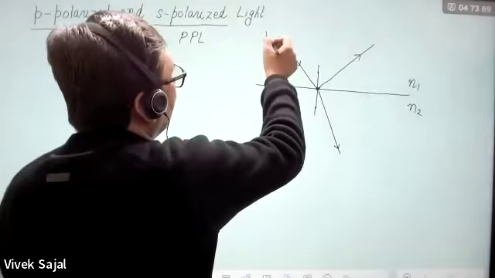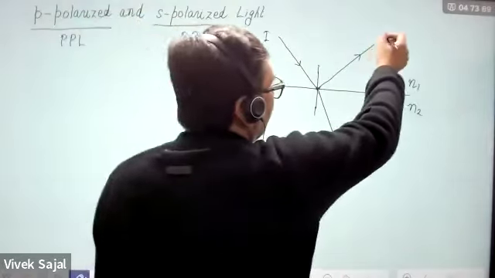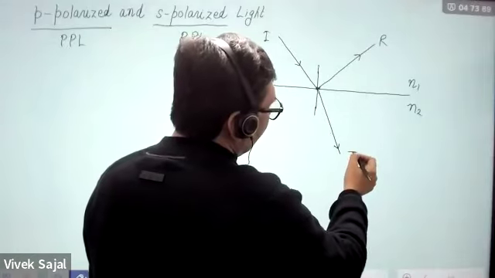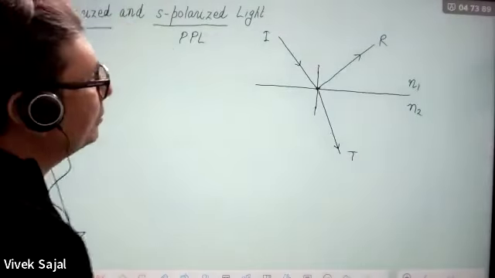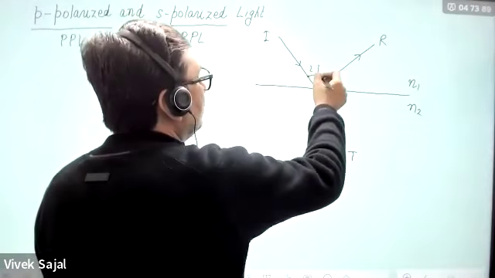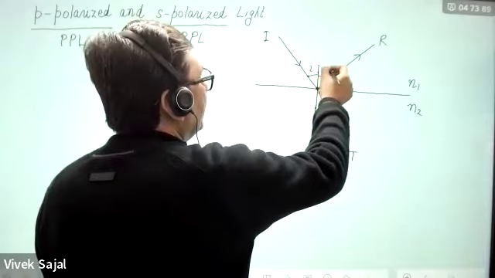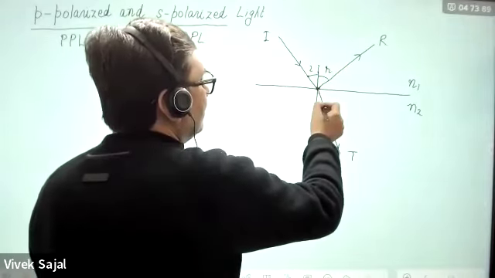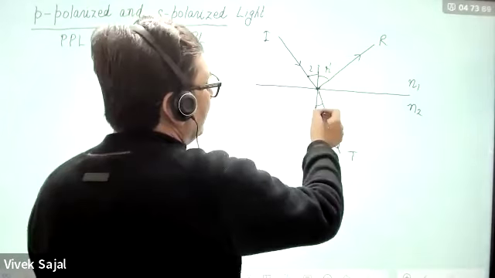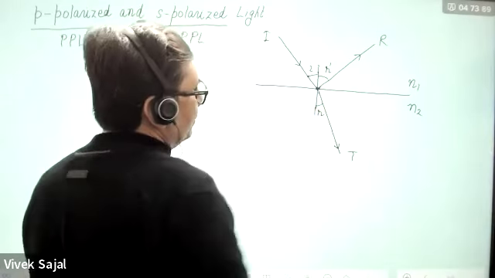Here this is incident light, this is reflected light, and you call it transmitted or refracted light. This is called angle of incidence, this is angle of reflection, which I call R prime, and this is angle of refraction.